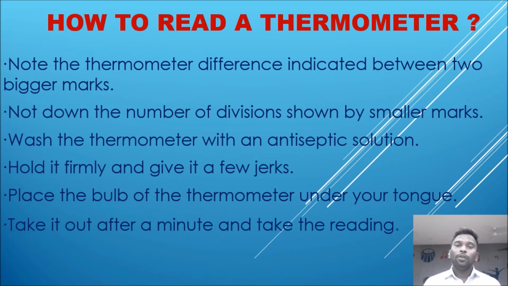When you place the clinical thermometer inside our mouth under the tongue, it absorbs the heat energy, and you can find the mercury level rising in the clinical thermometer. If you observe keenly, the capillary tube has a small kink.